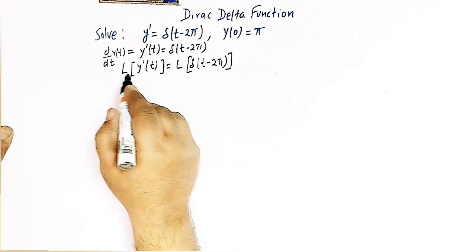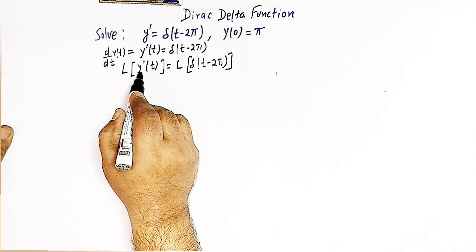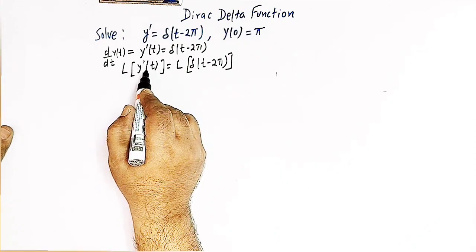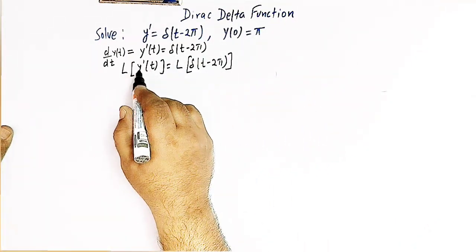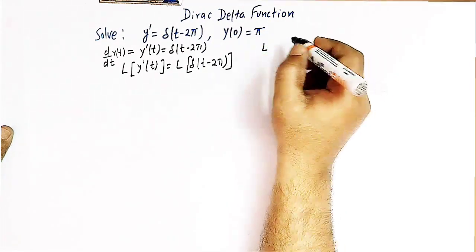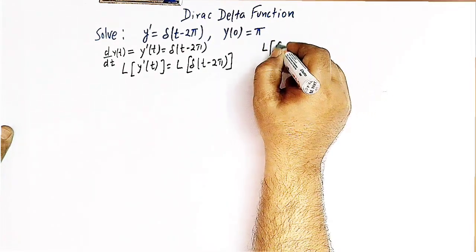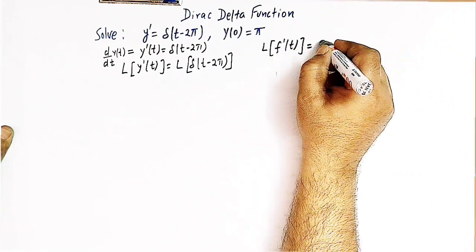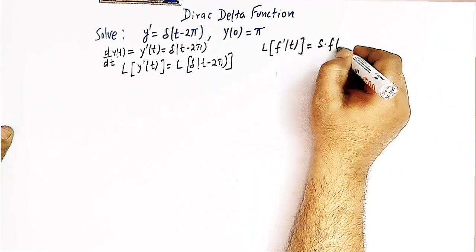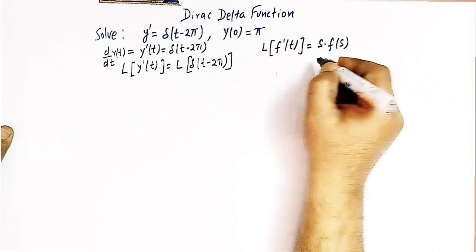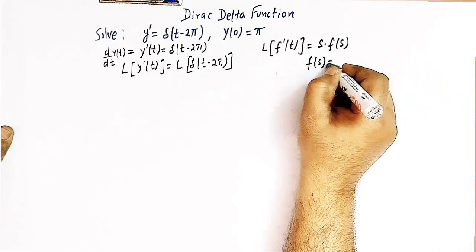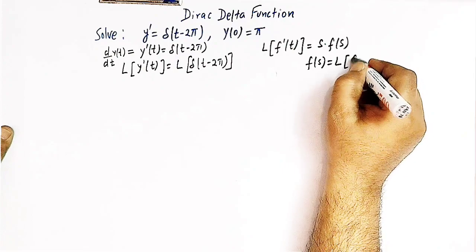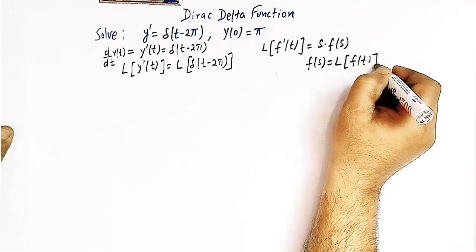Now to find out the Laplace transform of the derivative of a function, we can use this result, that is the Laplace transform of f prime of t is given by s times F(s), where F(s) is the Laplace transform of the function f(t), right?